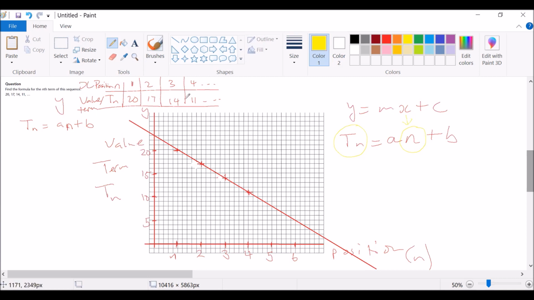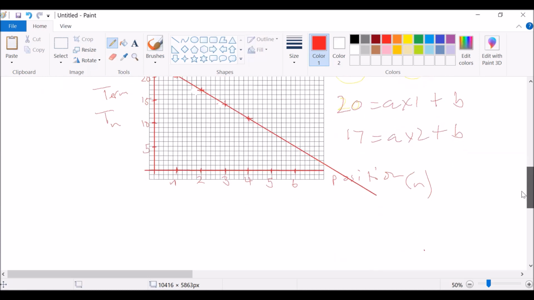So we can now substitute values from our table. Term 1 is 20, position is 1, so 20 is equal to A times 1 plus B, which we don't know. Then we can also substitute for the second term, which is 17, equal to A times 2 plus B. Now we can solve these two simultaneous equations.